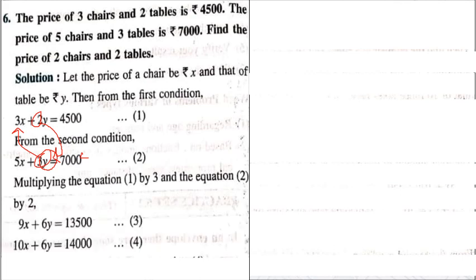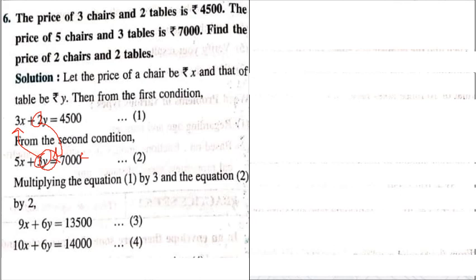After multiplying, what do we get? 3x into 3 is 9x, plus 2y into 3 is 6y, is equal to 4500 into 3, which is 13,500.